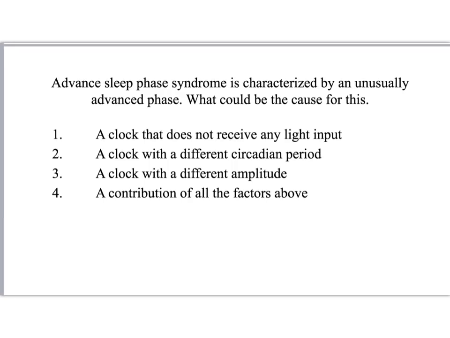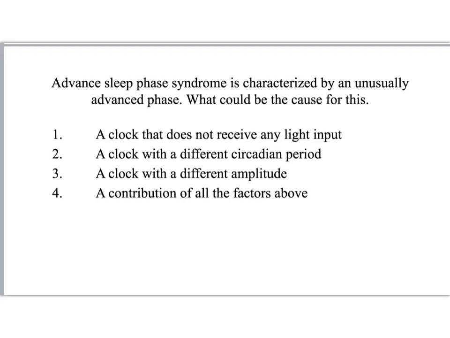We also said that, in fact, and this was a question, remember why you should be able to tell that this is a problem in period and not in amplitude or light input. If the person doesn't have light input, they will be free running. They won't show an advanced phase of entrainment, which is what these patients have.